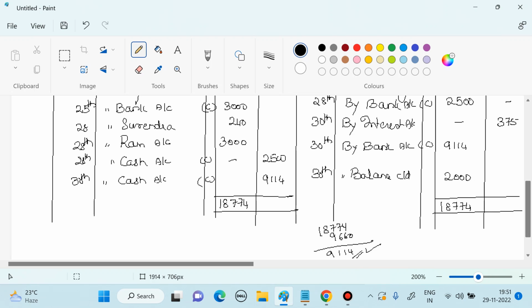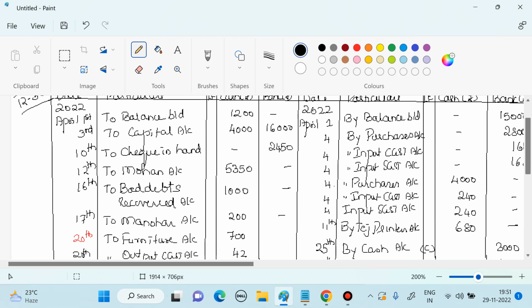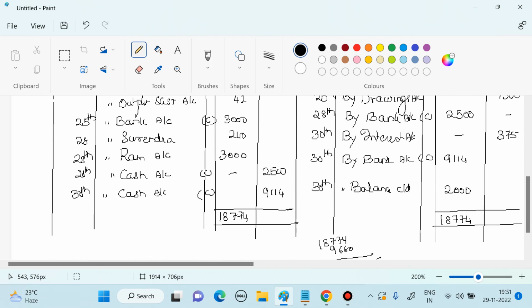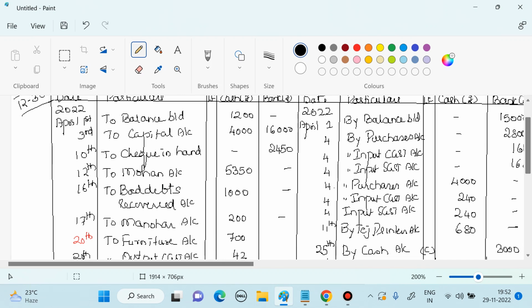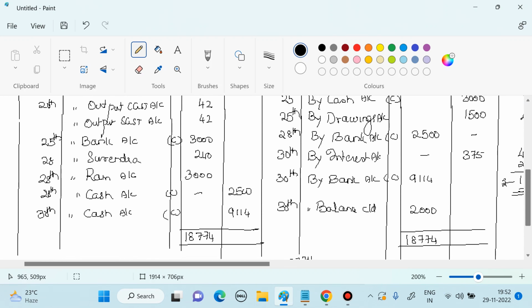So better to total both sides and see which side total is more and write the balance. Here it is 18,450 plus 2,500, 20,950 plus 9,114. It comes to 30,064. And if you see here, this one is much lesser, so it is the debit side only that is more.